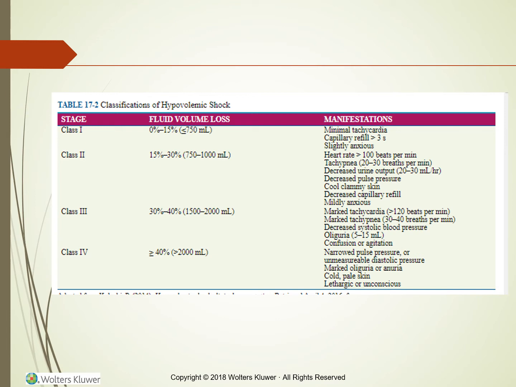In class 4, which is greater than 40% of fluid volume or greater than 2,000 milliliters of loss, there's a narrowed pulse pressure or unmeasurable diastolic pressure, marked oliguria or anuria, which is very little urine or no urine, cold, pale skin, lethargic, or unconscious, and this can lead to death if not treated.